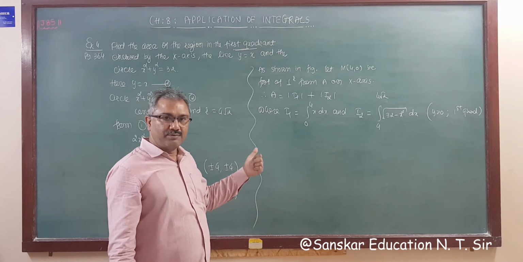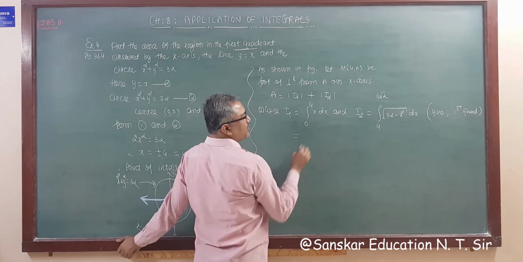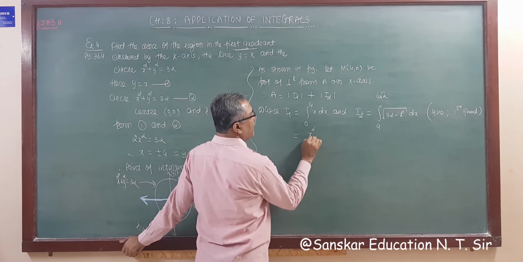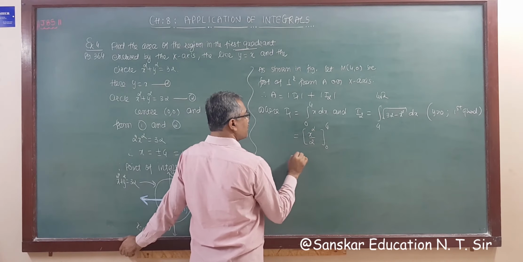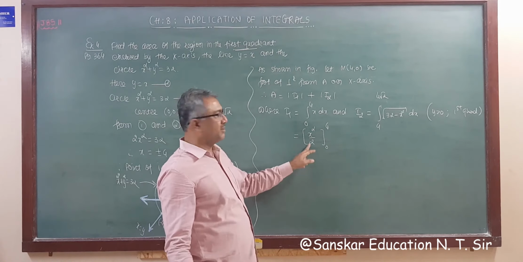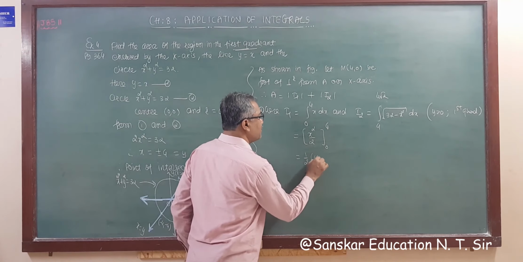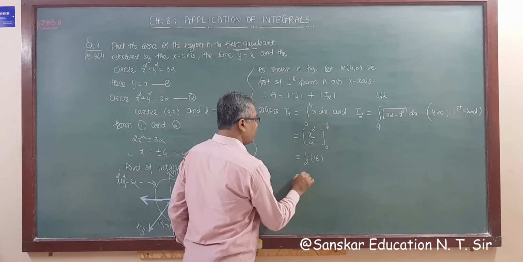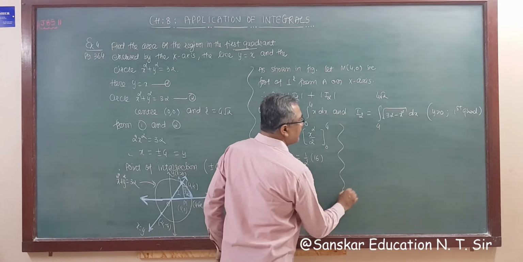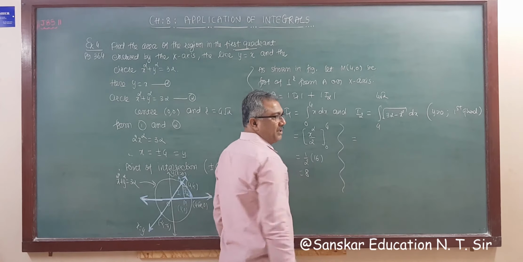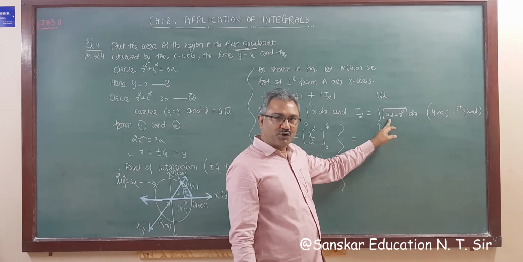Now you are able to integrate this, right? So we get the integration of this is x square by 2, 0 to 4. So 2 is constant, 4 square is 16. So 1 upon 2 into 16 minus 0. So no need to write, this is I1. And I2, you know, this is the standard formula. This is root 32 square, that is 4 root 2 whole square.